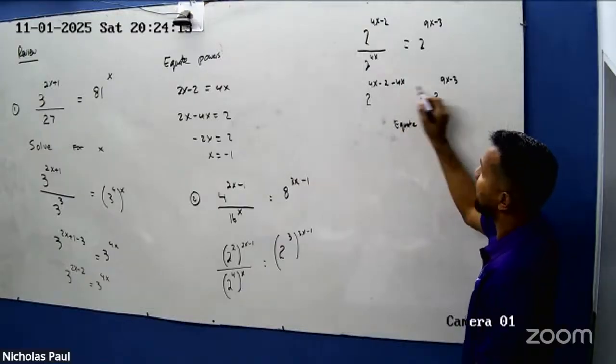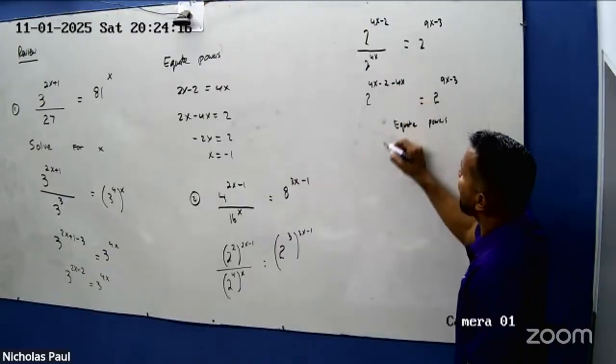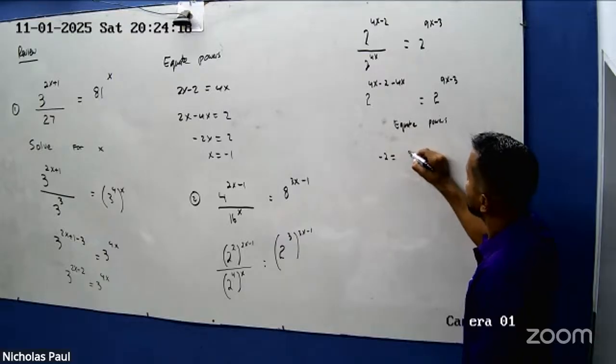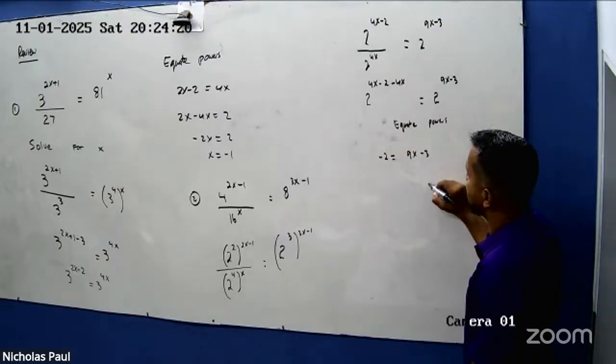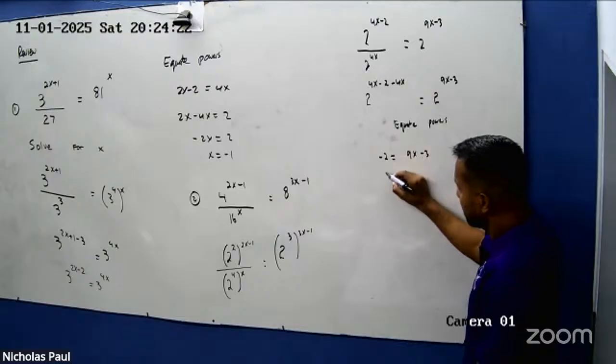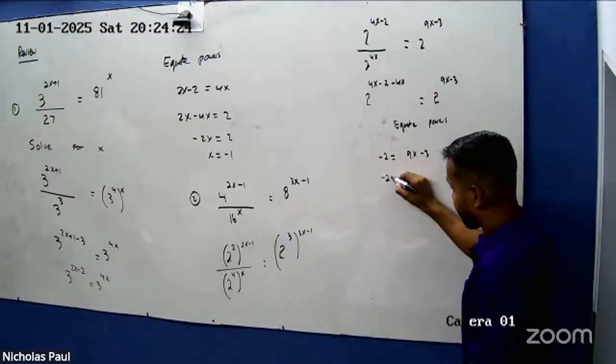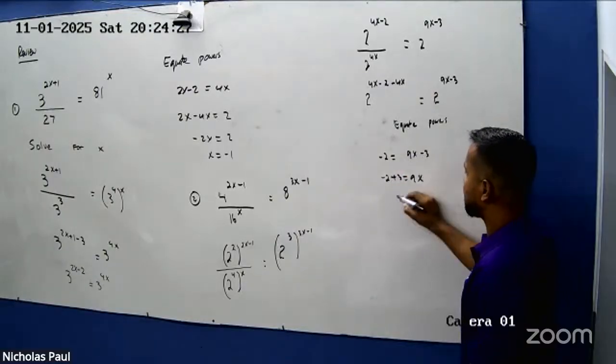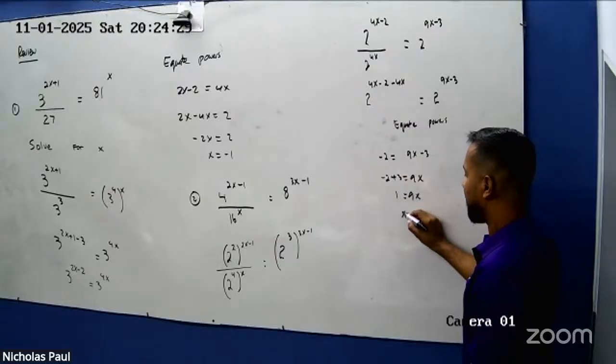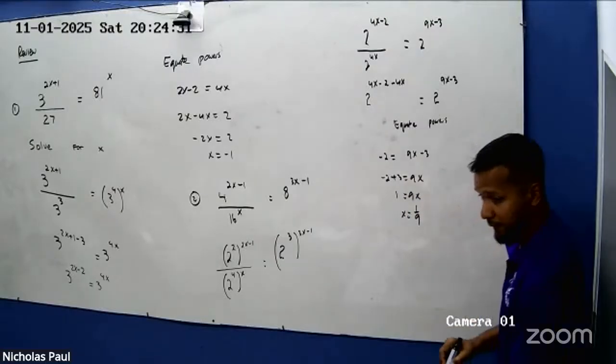So I can equate these two. The 4x will cancel. So I'll get minus 2 is 9x minus 3. Carry it across. It's 9x. So I'll get x is 1/9.